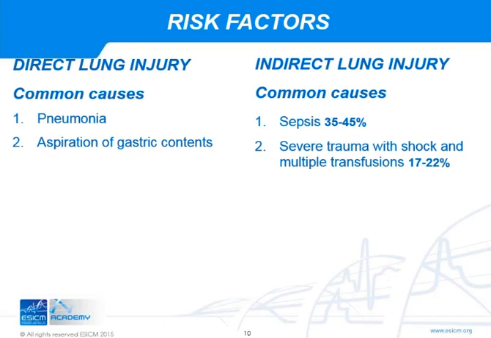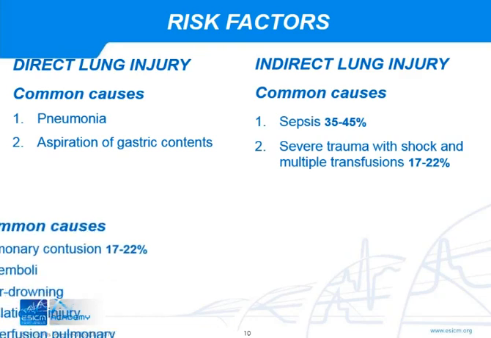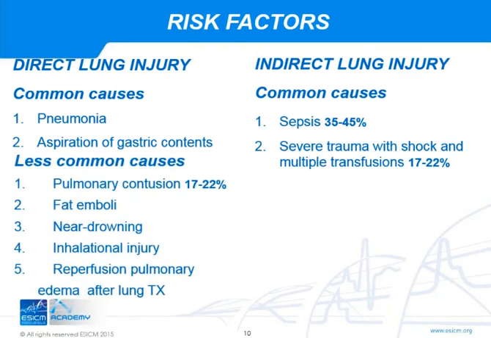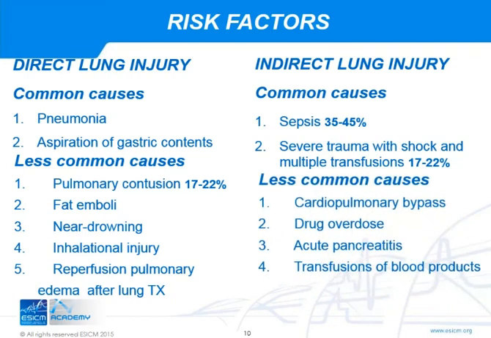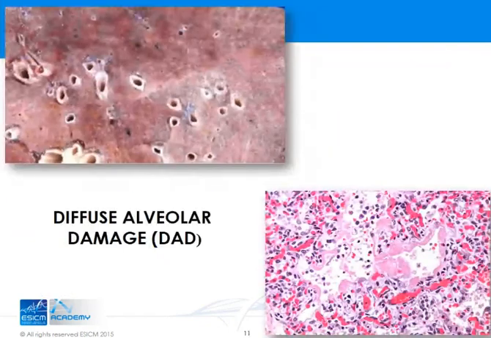Then severe trauma with shock and multiple transfusions may be another issue. There are also less common causes: fat emboli, pulmonary contusion, or inhalation injury. You may also have situations related to cardiopulmonary bypass, drug overdose, pancreatitis, and so on.